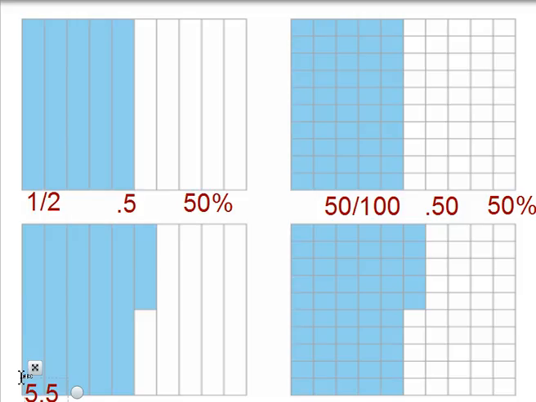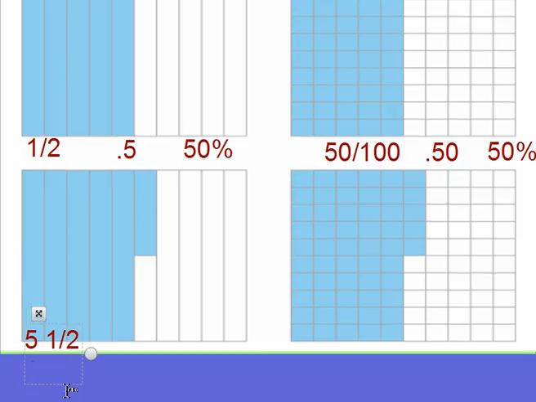If you wanted to write this as a fraction, you would write 5 1/2 over 10.